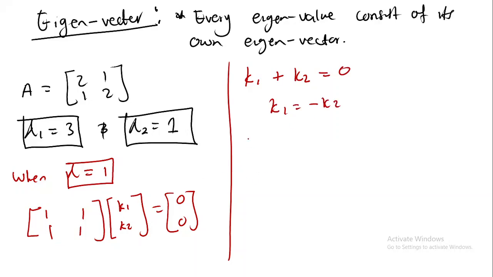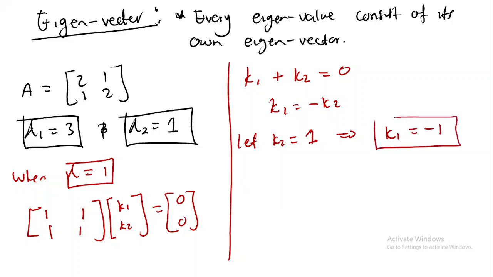And then from this point, if we let k2 be equals to 1, this implies that k1 is going to be equals to negative 1. So we have our k1, which is equals to negative 1, and our k2, which is equal to 1.